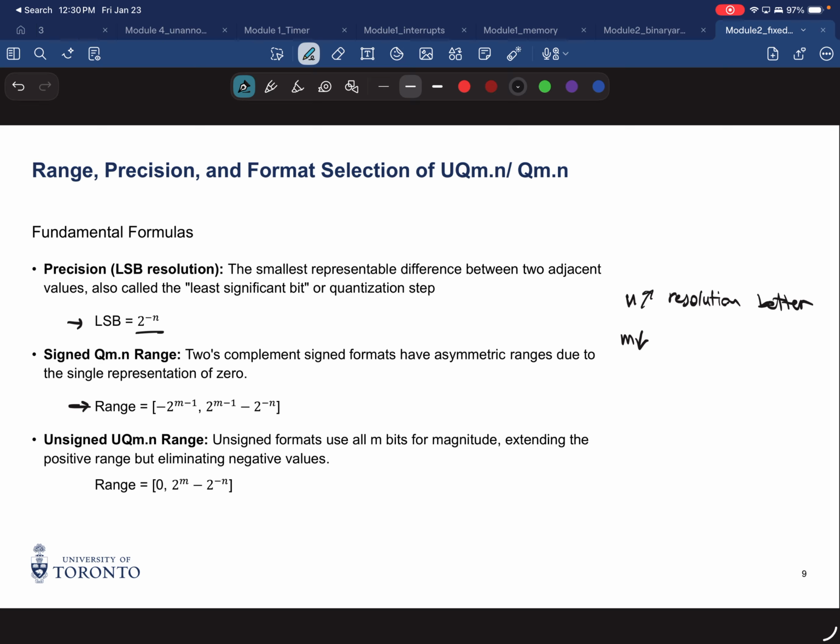And when m comes down, then range comes down. So you're covering a smaller range. So you have this trade-off that you have to consider when you're deciding between resolution and range.